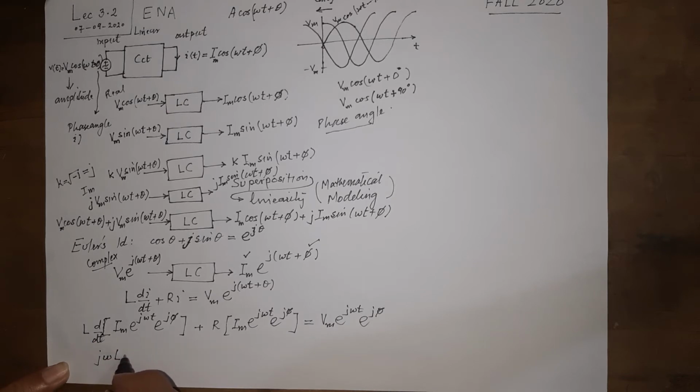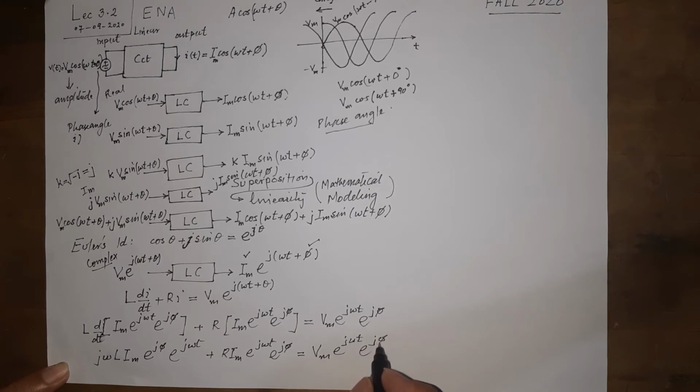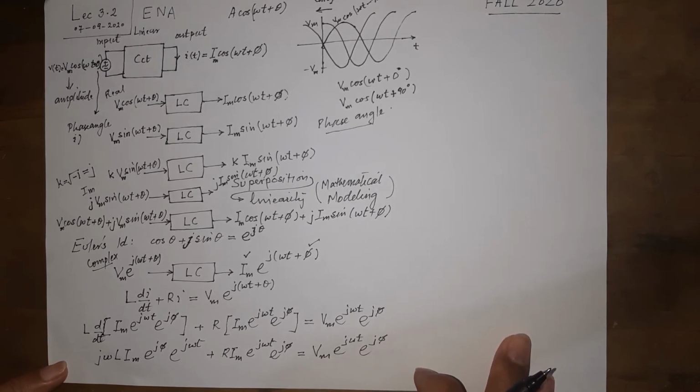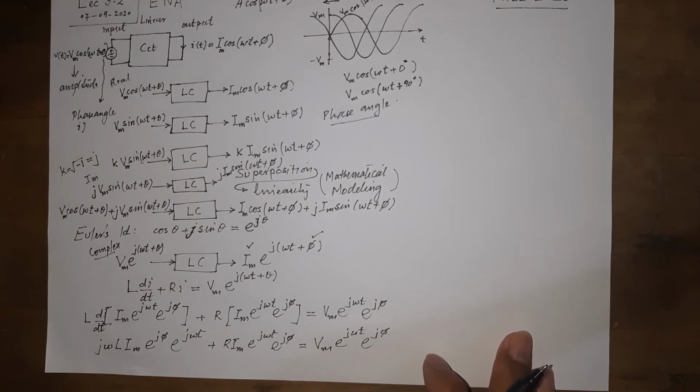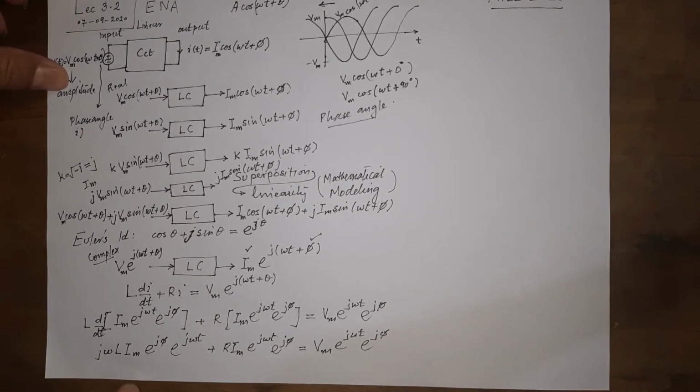Sorry, and this L is there as well. j omega L Im e raised power j phi into e raised power j omega t plus R Im e raised power j omega t e raised power j phi is equal to Vm e raised power j omega t e raised power j theta. I hope you understand that we will get this equation and there is nothing unclear in how we have reached this point. Now look at this closely.